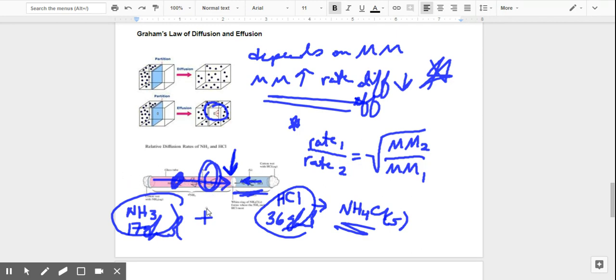They can put a lot of twists on this type of multiple choice question. The biggest thing is to realize this relationship between molar mass and the rate of diffusion or effusion. If you can understand that, you can answer those multiple choice questions pretty easily. So this is Graham's law of diffusion and effusion, and I hope it helps you get some multiple choice credit.